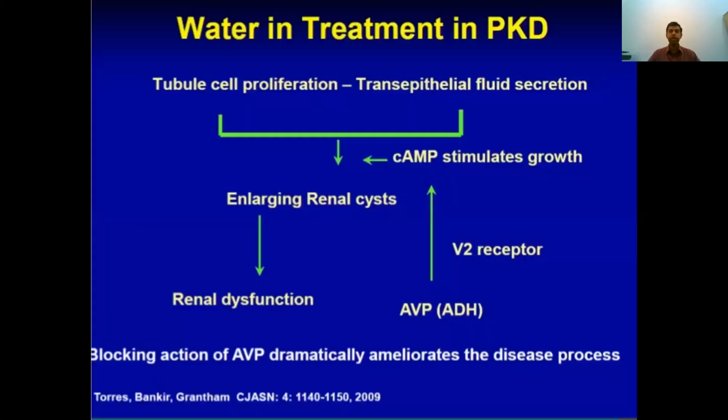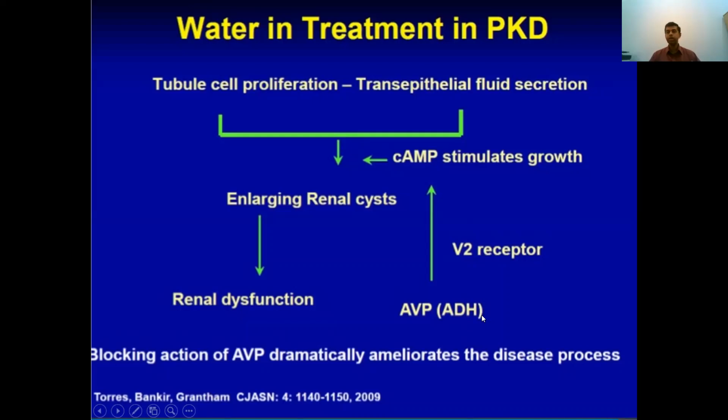So how do water and tolvaptan act? If you take how the cyst develops, you have tubule cell proliferation, and the cysts enlarge. This cyst enlargement is stimulated by cyclic AMP, which is stimulated by your antidiuretic hormone or vasopressin through your V2 receptors. And if you remember your physiology, your antidiuretic hormone or vasopressin is suppressed if you take more and more water.